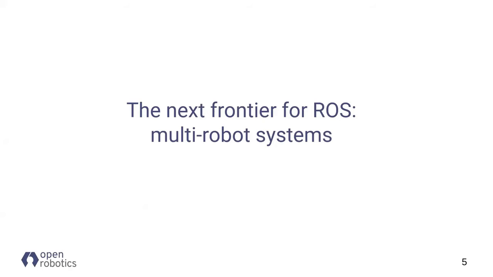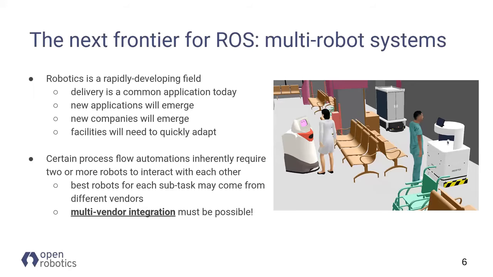All right. So OpenRMF is built to solve problems in multi-robot systems. So let's see what's happening there. Since robotics is a very rapidly evolving field, delivery is very common, and there are new applications emerging. New companies, facilities and infrastructures have to quickly adapt to this, right? Some of these automation processes require more than 1 or 2 robots to interact with each other.